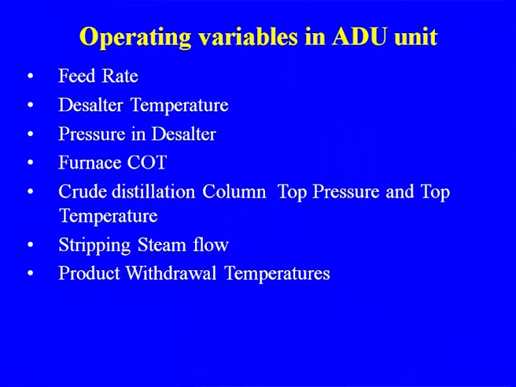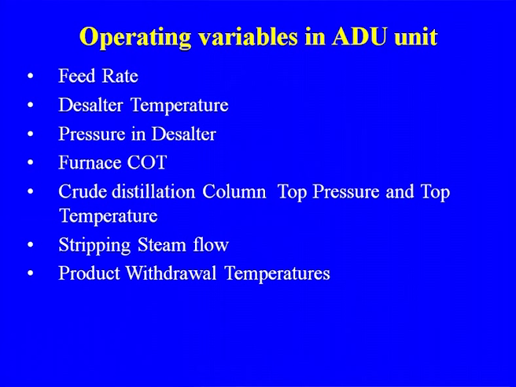But these are some of the operating parameters which are going to affect the separation process in the atmospheric distillation column: the feed rate, desalter temperature, pressure in the desalter, furnace coil outlet temperature, because whatever the temperature you are going from the desalter, it has to be heated, and after preheating that will go to the atmospheric distillation.